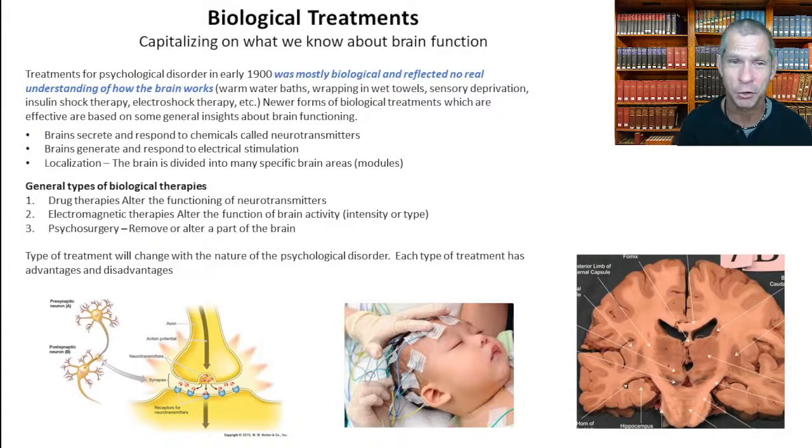We know that brains secrete and respond to chemicals called neurotransmitters. We do know that. We know that there are chemicals being released in the brain and used in the brain to help our functioning. We know that brains generate electricity and that different parts of the brain respond to electricity. So we know brains use chemicals and we know brains use electricity.